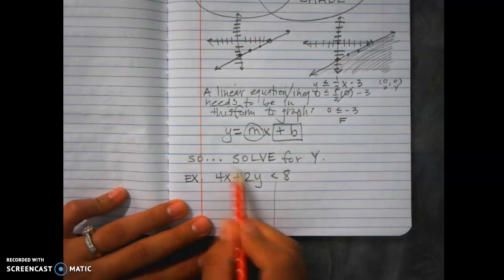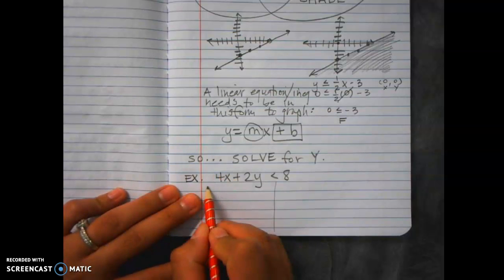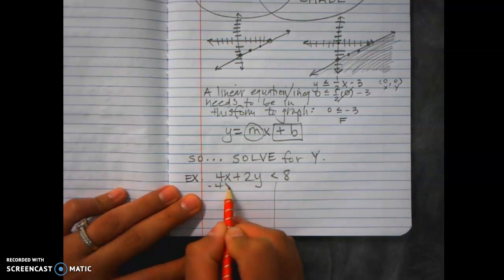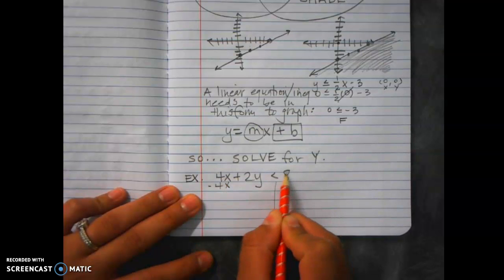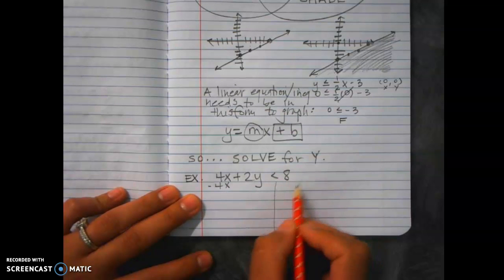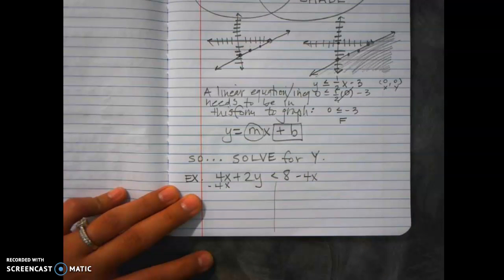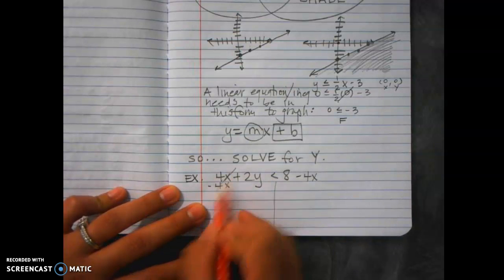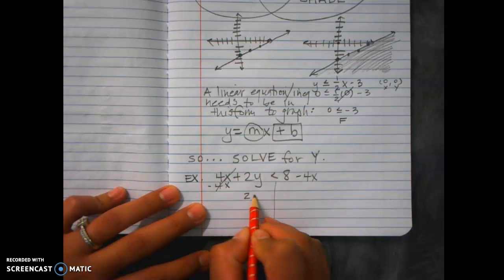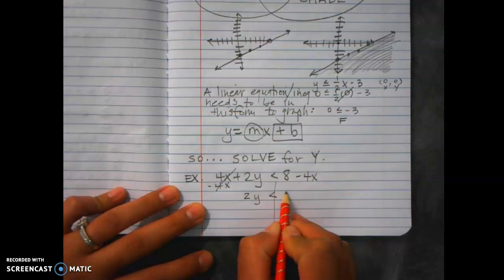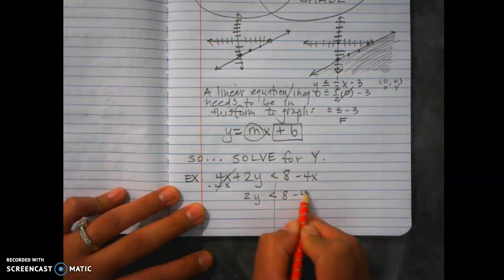When we move something, we do the opposite operation, right? So we do minus 4x on this side. Because this is just an 8 and it doesn't have an x, the negative 4x is going to just become part of the problem now, right? So if I'm rewriting everything, I'm left with 2y < 8 - 4x.